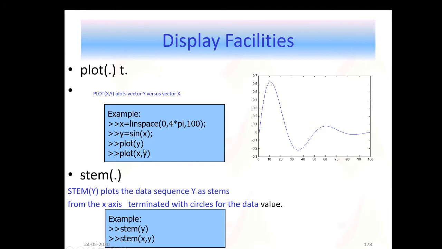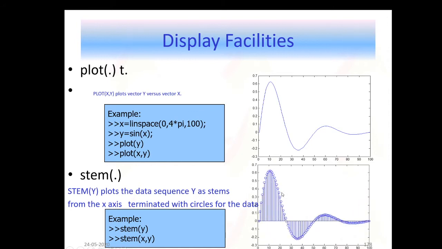If it is plot y, the x is taken as the sample index, and here x is divided into 100 equal parts. Then one more thing, stem is available. From the name itself it is clear: it plots the data sequence y as stems. You can see here, this is the stem of y. Okay.